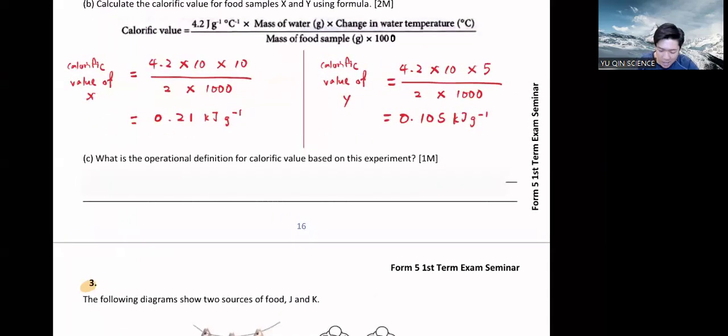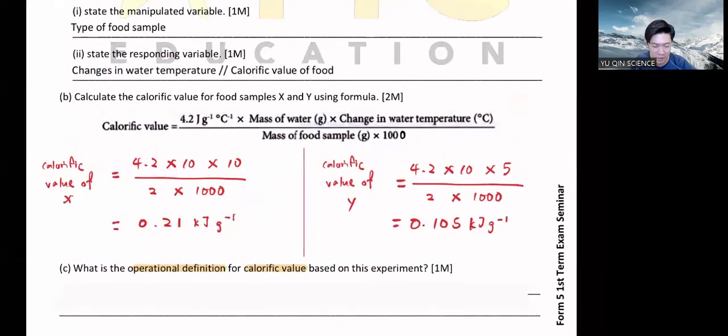Okay, for you, do you remember how? Calorific value is a what? Is a value, I guess. Make use of your responding.